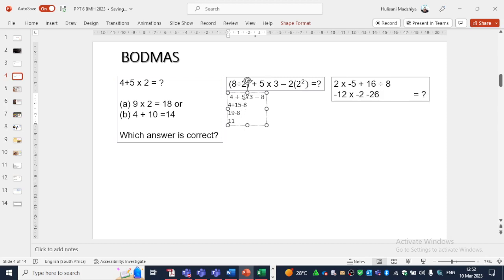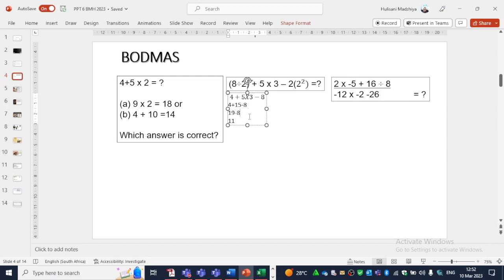And then later you say we have removed the brackets, and the brackets also had orders inside them, meaning the orders were removed simultaneously. Then we check whether we have division or multiplication. Since we don't have division, we've got multiplication, which comes before addition and subtraction, so we start there. 5 multiplied by 3 gives us 15.